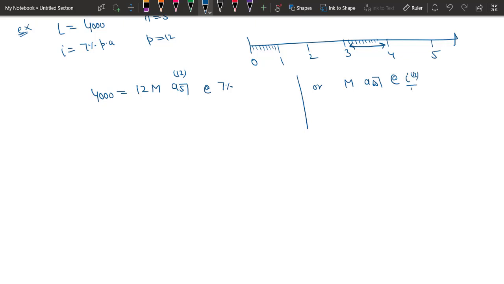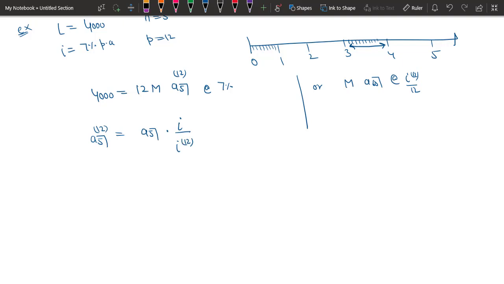Okay. So the amount of x, your M will be. Now how will you calculate this A512? You can calculate this A512 as A5. If the 7% rate is given in tables, you can use this method A5 into I upon I12.